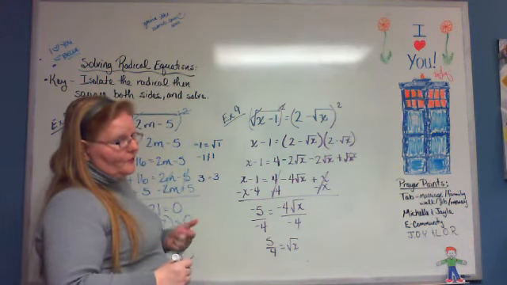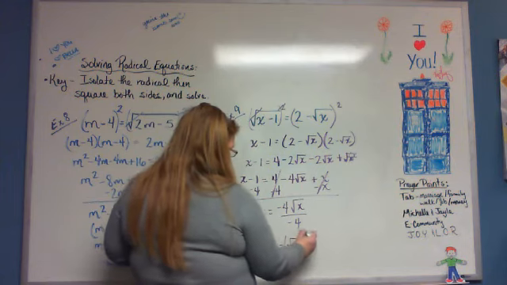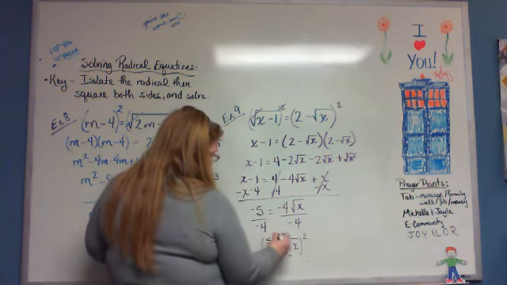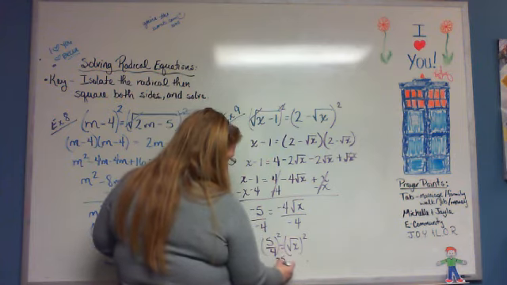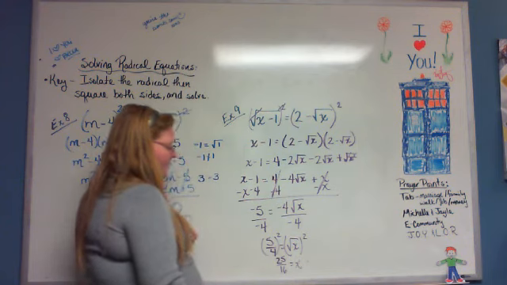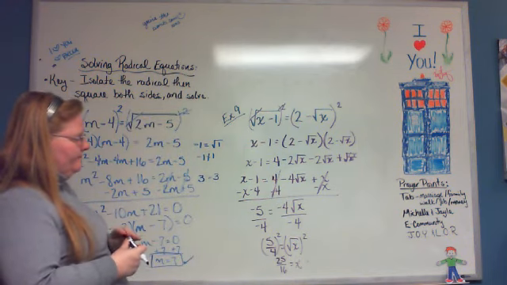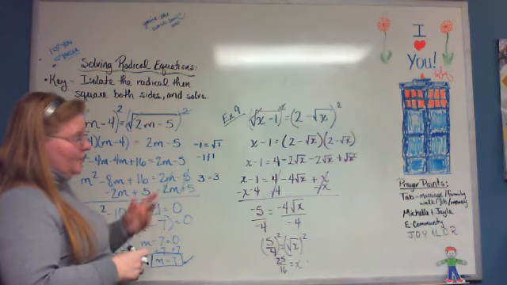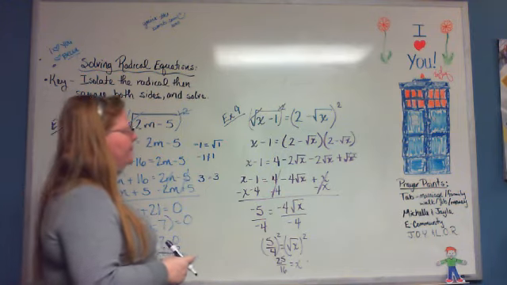And now we have to square both sides again. So that gives us 25 over 16 is equal to x. Technically a plus and minus. I'm just going to check the plus one.